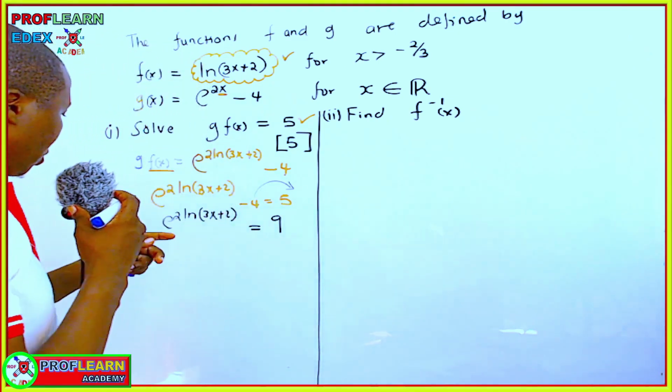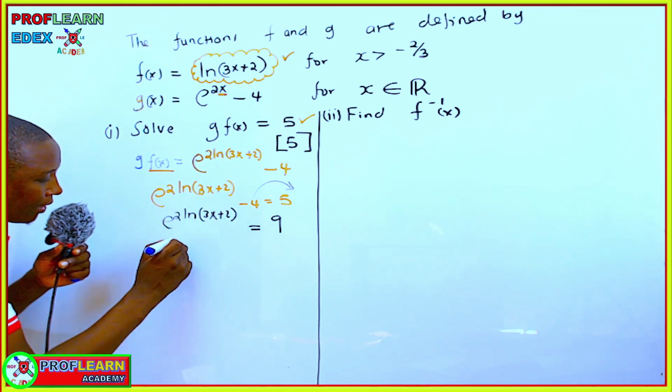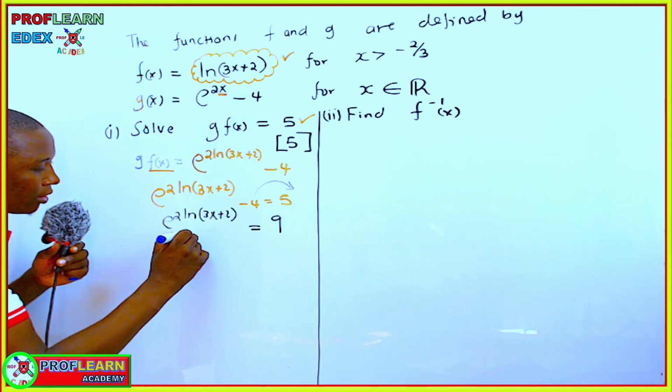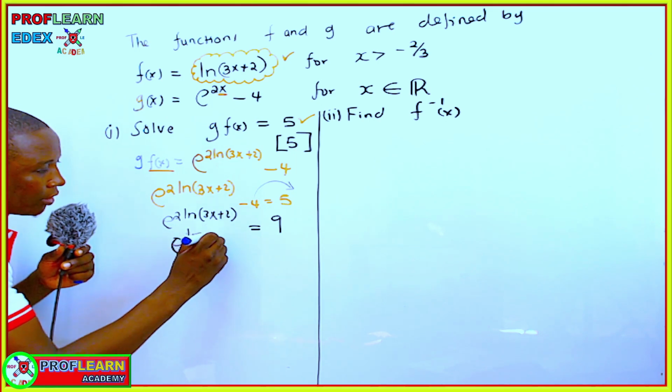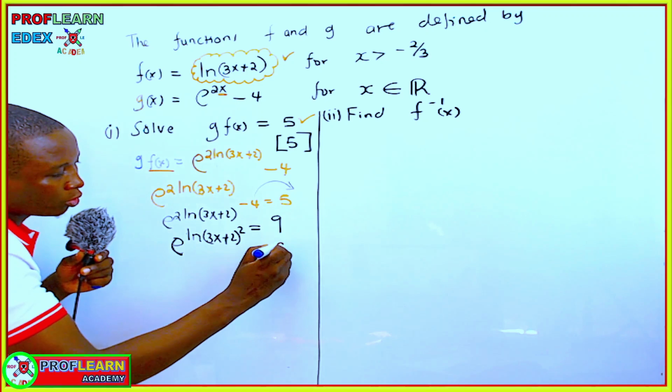We can use the laws of logarithms and take the 2 to the power, so we have e to the ln of (3x + 2) squared equals 9.